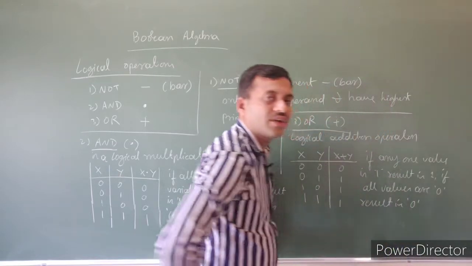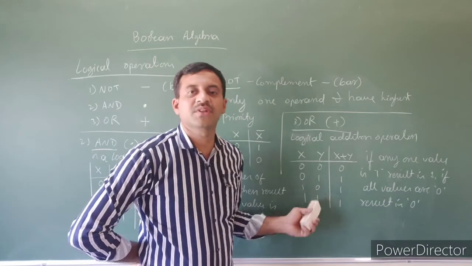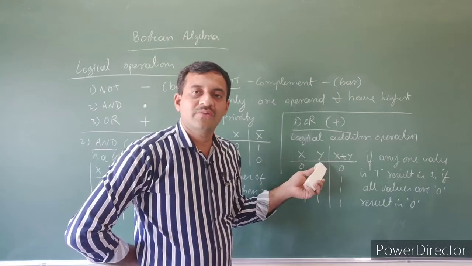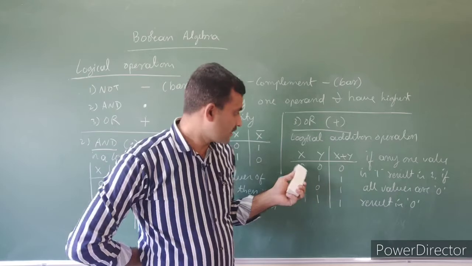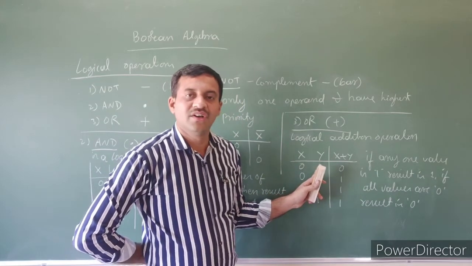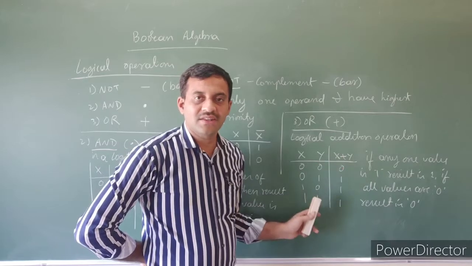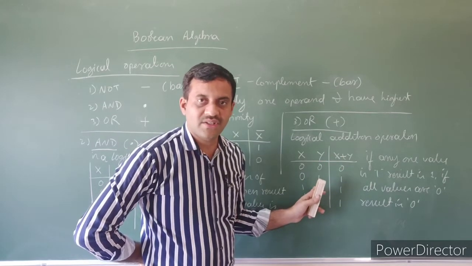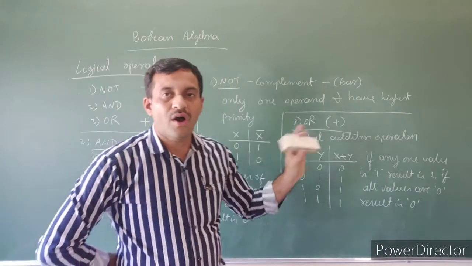When all values of the possible combinations are 0, then the result is 0. If any one of the values is 1, then the result is 1. See here, the first combination 0 0, both are 0, hence the output is 0. Other than that, if any one is 1, in any combination, then the output is 1. So that is the OR operation.